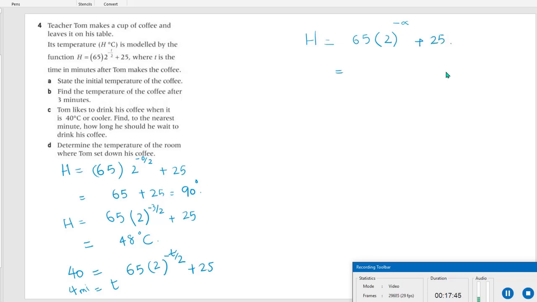Putting anything with the power infinity, it would be 0. So 0 times 65 would be 0, plus 25. So 25 would be the horizontal asymptote, and it would be the temperature from which it will not get cooler than that. Okay, so H is 25 degrees centigrade.